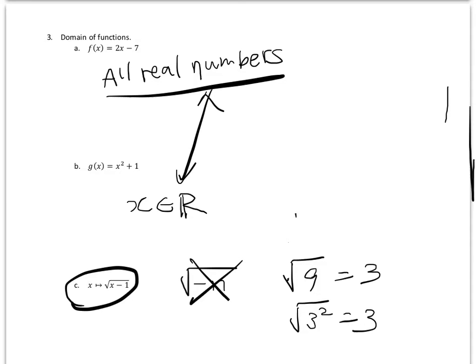However, how can you take the square root of negative 9? There is no number we can find there. So as long as we are talking about real numbers, we cannot have that.